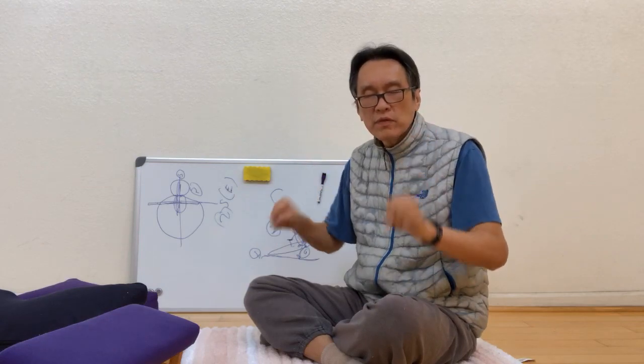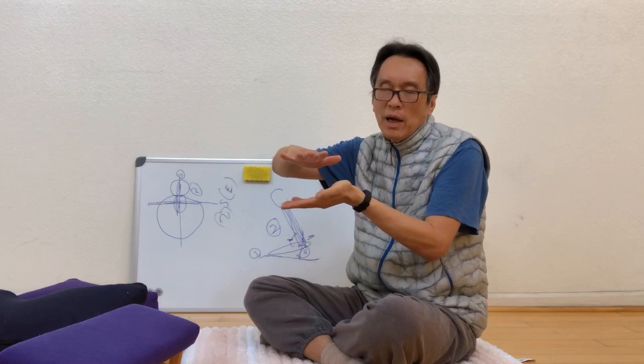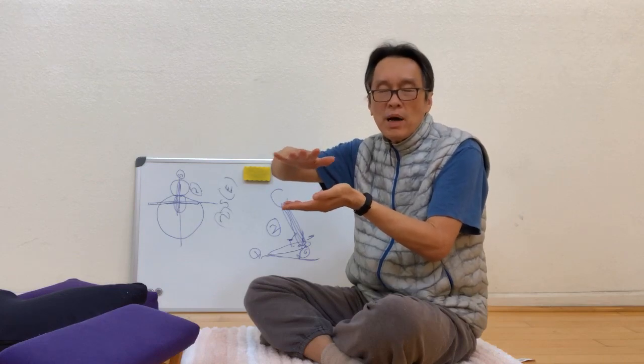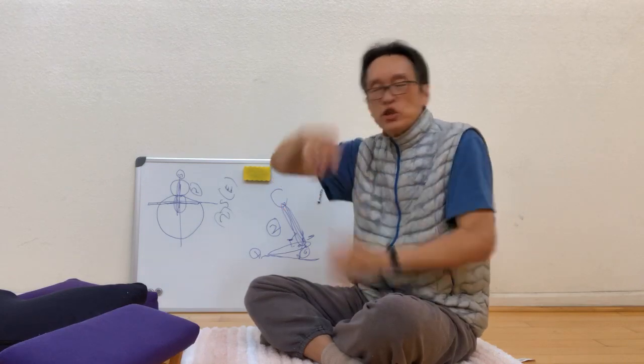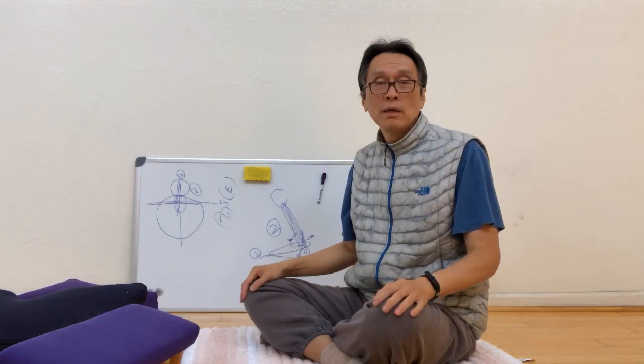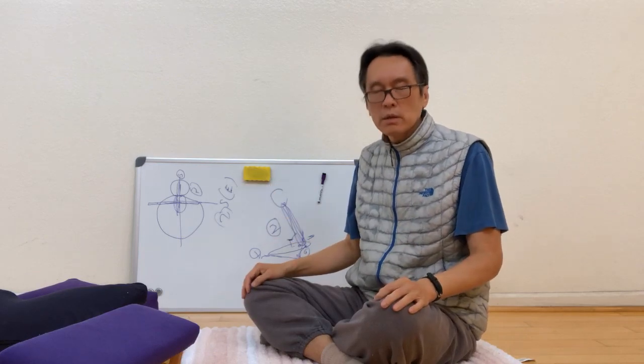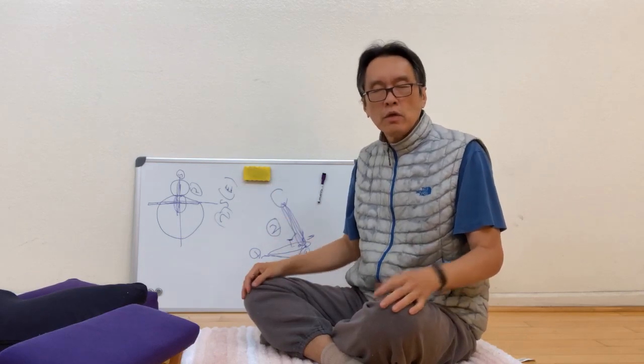If one does not have this physical body, how is one going to handle the mind, the breathing, the chakras? Forget about it. Okay? So this is the bottom line.